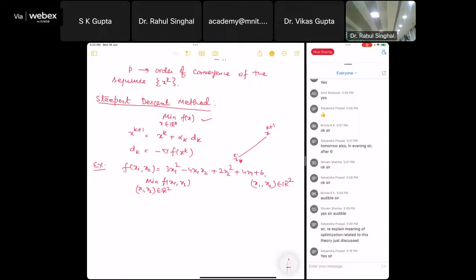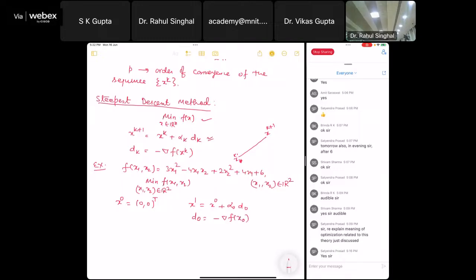So suppose you take the initial guess as any point, suppose you take initial guess as 0 0, right? Now you take x1. How to find x1 from this scheme? x0 plus alpha 0 d0. d0 will be what? Negative of gradient of f(x0).